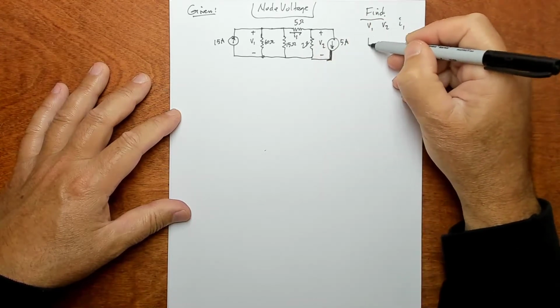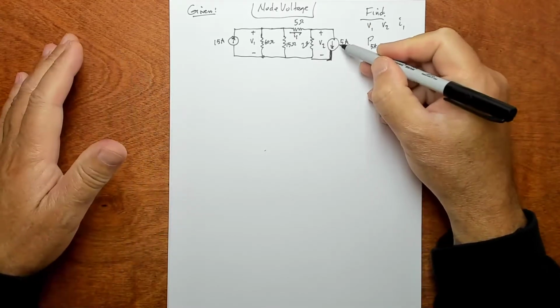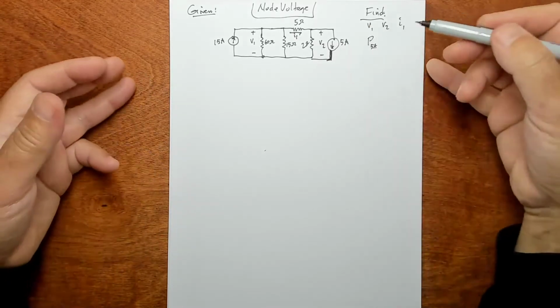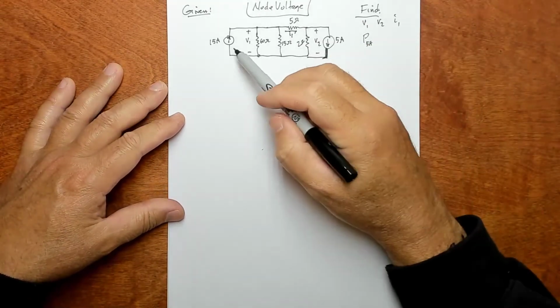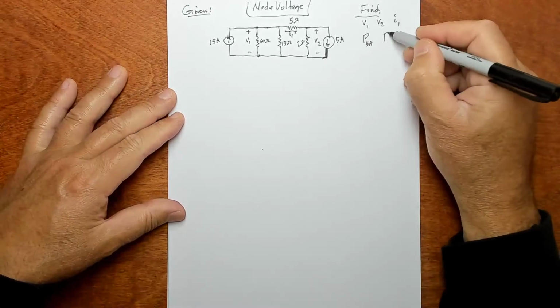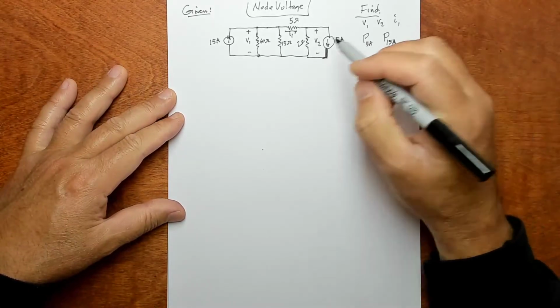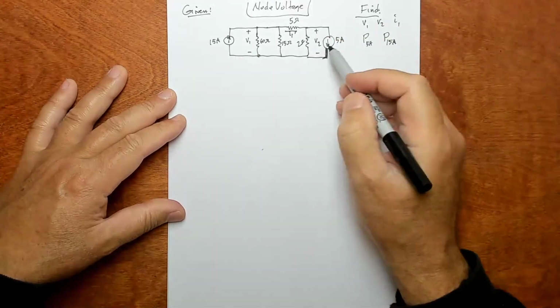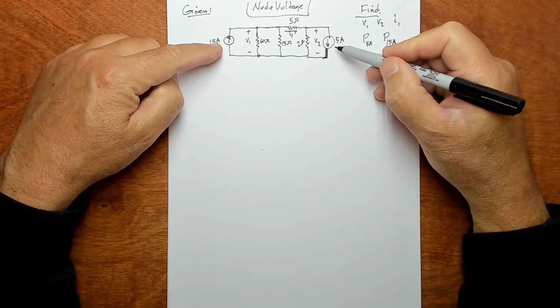And then we're asked to find the power in the 5 amp source. How much power is coming in or out of this device? I'm calling it a source because I don't really know right now, but it could be a load. And then the power in the 15 amp independent device. One of these has to be a source, at least one.